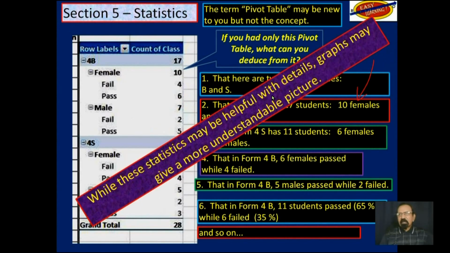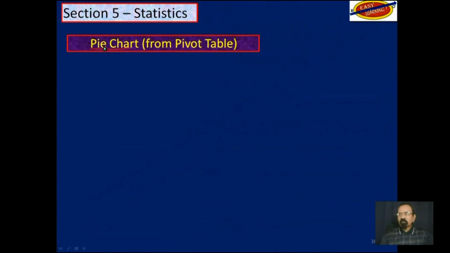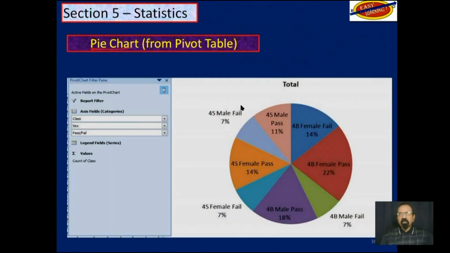While these statistics may be helpful with details, graphs may give a better understanding since it's a picture. First, we will do a pie chart, based on that pivot table, which looks like this. And I'm sure you have seen something like this before. Later on, we will learn how to do that in Objective 4 in this section.